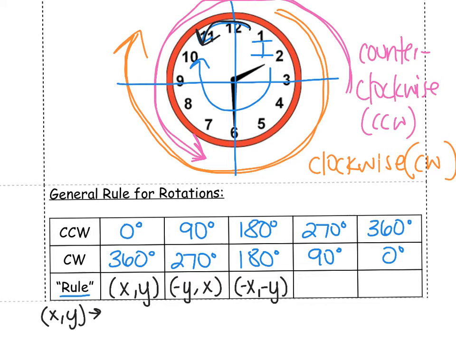For a 270 degrees counterclockwise rotation, we still are going to flip my x and my y, but now instead of y becoming opposite, like at the 90, x becomes opposite. And 360 is all the way around, so we're right back to where we started, so it's back to x, y. I really think it helped personally. Knowing the rule first helps me understand rotations more thoroughly.